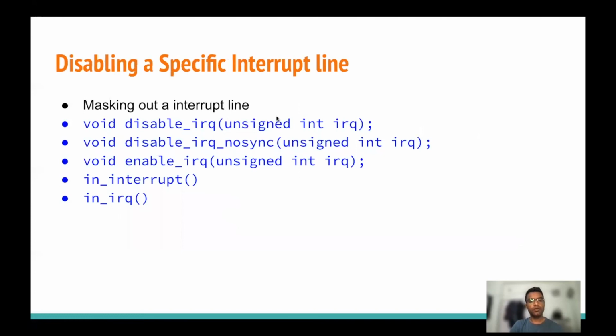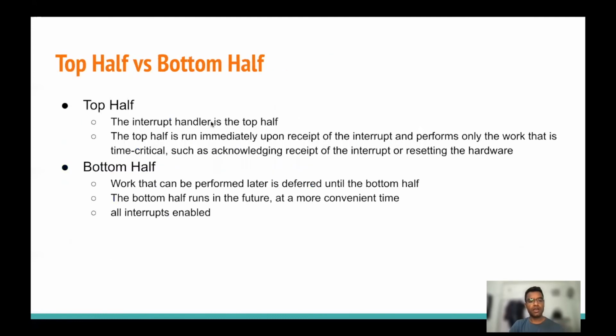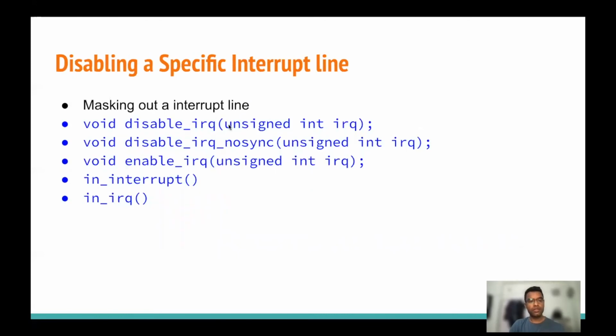If we want to control a specific interrupt line, then we can run disable_irq, and it takes the IRQ number that we want to disable. Similarly, there is a function disable_irq_nosync. The difference between this and this is that in nosync, it will not wait for another handler.